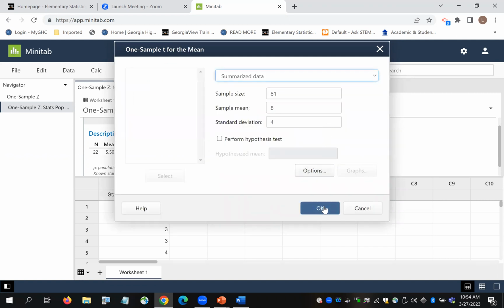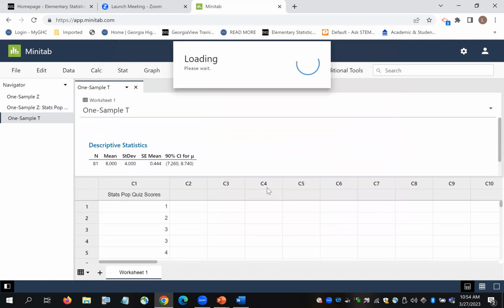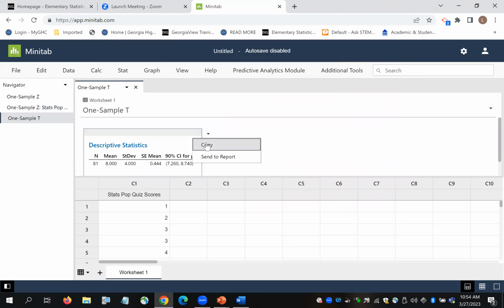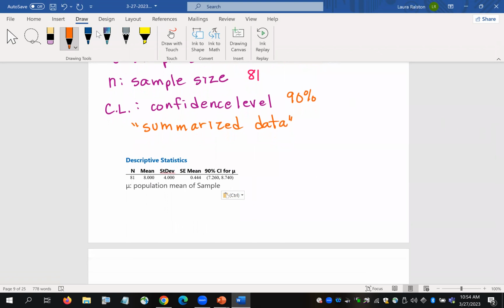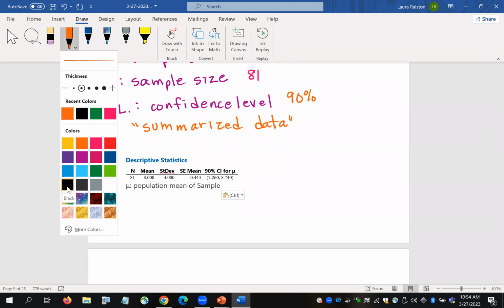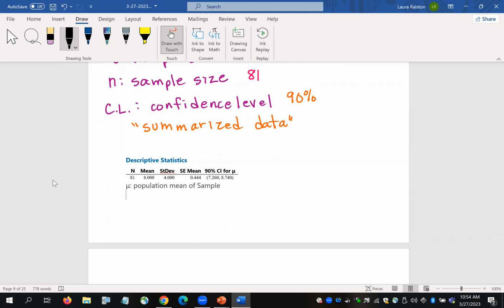Click OK. And I get very similar results. It really looks just like what I got for Z. Again, it does remind you of your sample size, your sample mean, and your sample standard deviation.